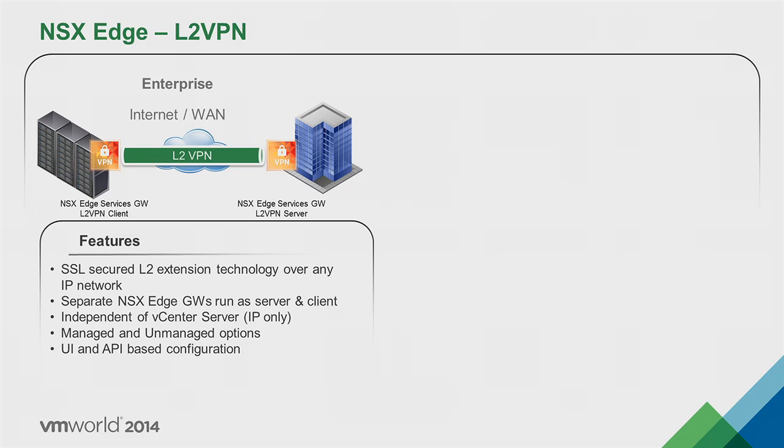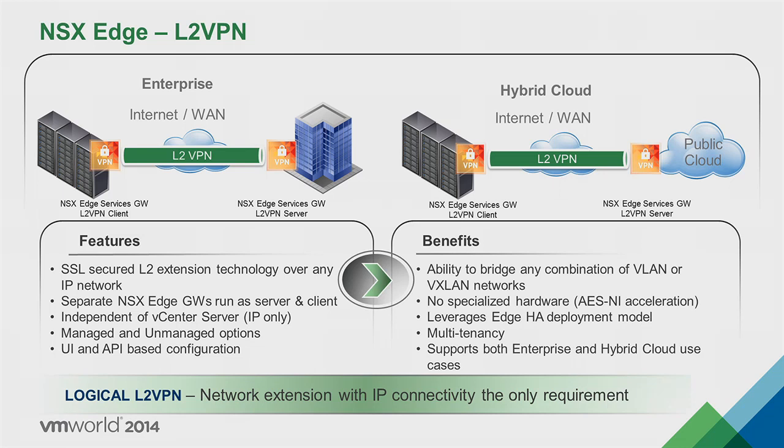It provides us the ability to extend any combination of VLAN or VXLAN networks, all with no specialized hardware and leveraging the multi-tenancy available in the platform. So L2VPN gives us network extension with IP connectivity as the only requirement.